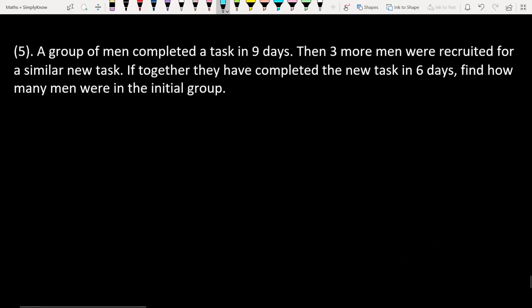This is our last question in this video. It says, a group of men completed tasks in 9 days. Then 3 more men were recruited for a similar new task. If together they have completed the new task in 6 days, how many men were in the initial group?